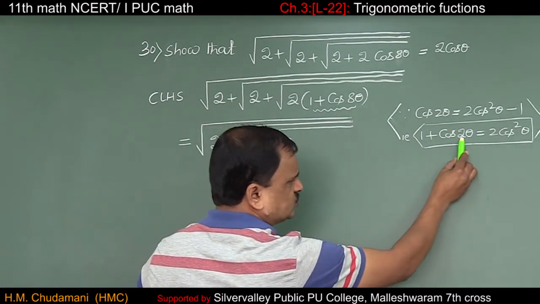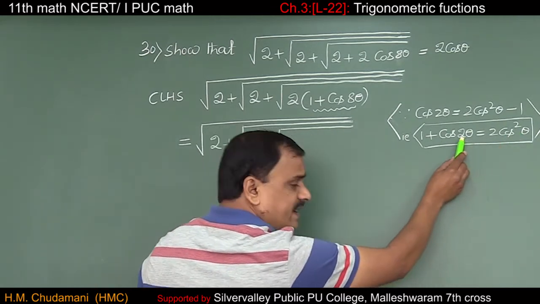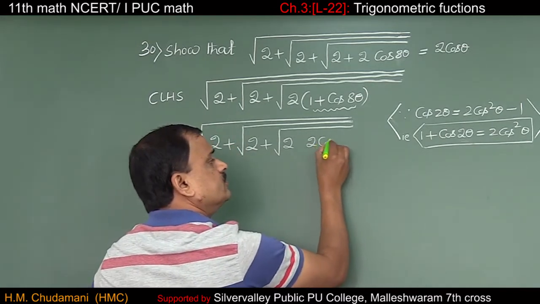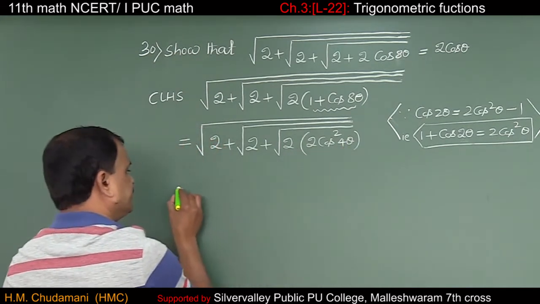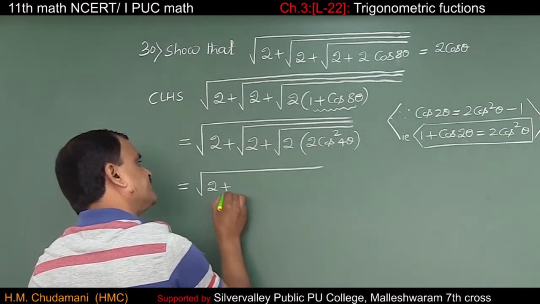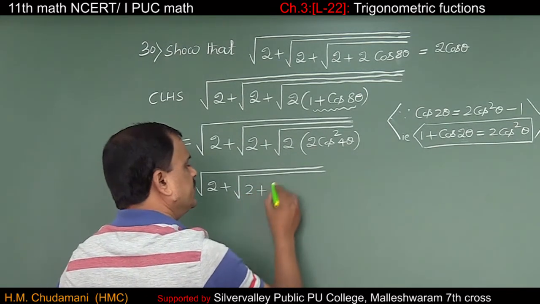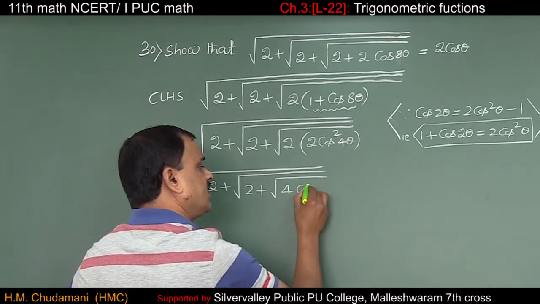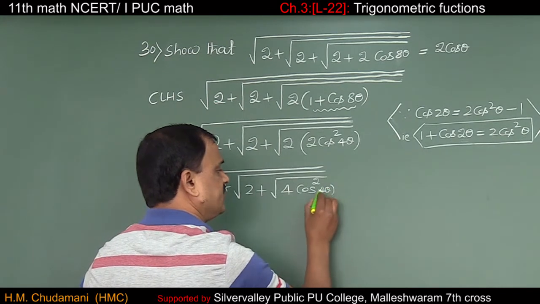1 plus cos 2 theta means 2 cos square theta. Where there is 2 theta, it becomes half, so 8 theta means 2 cos square 4 theta. So this is equal to root of 2 plus root of 2 plus 2 into 2, 4 cos square 4 theta we have.